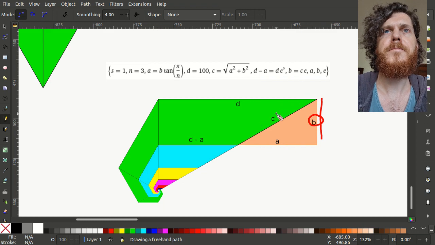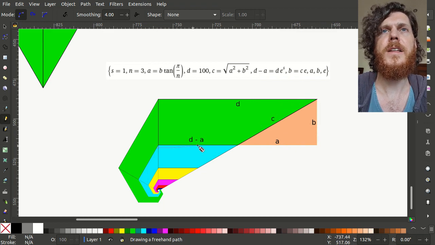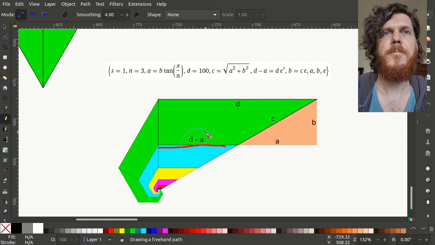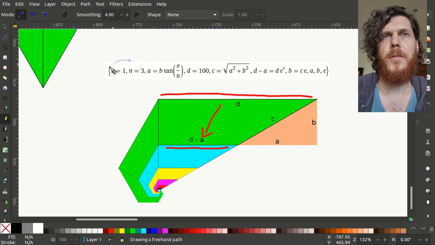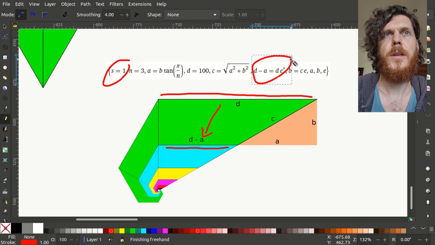C squared. This length is D minus A, and then what we want to find here is what scale symmetry has it so that this is just one multiple of the scale symmetry smaller than this one. So in the formula here, we show that with the power to 1.